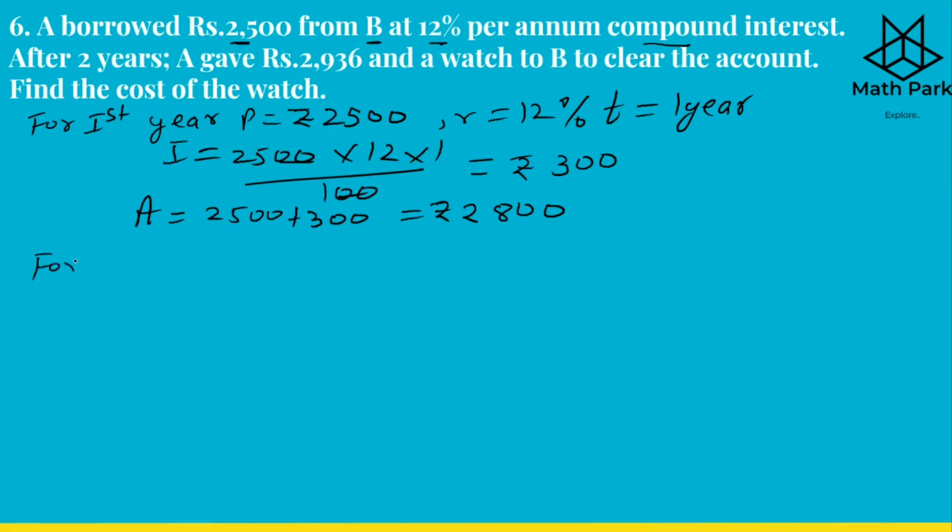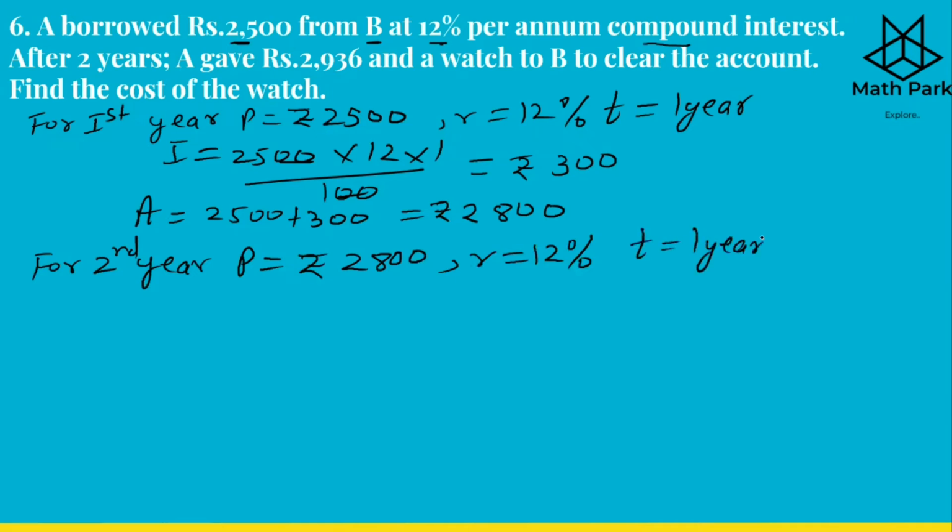So for second year, the principal is rupees 2,800. The rate is again 12% only. The time is 1 year. And then we find the interest, which is 2,800 into 12 into 1 upon 100. So 28 into 12, we get rupees 336. So this is the interest.